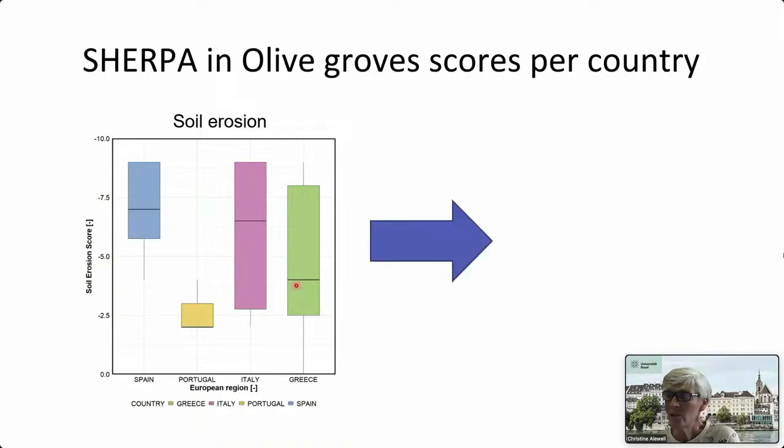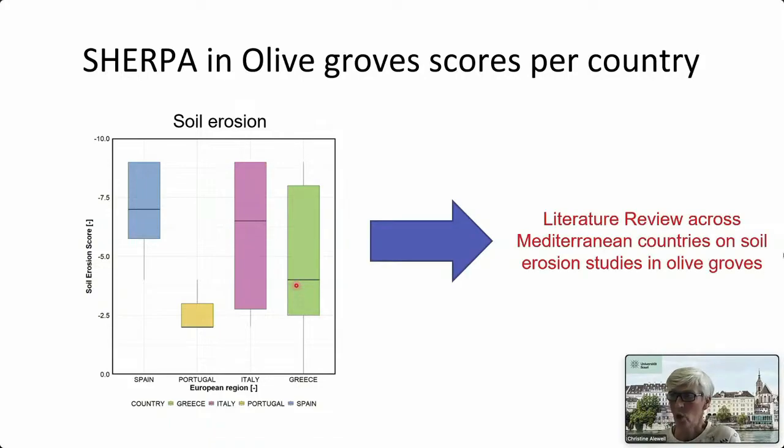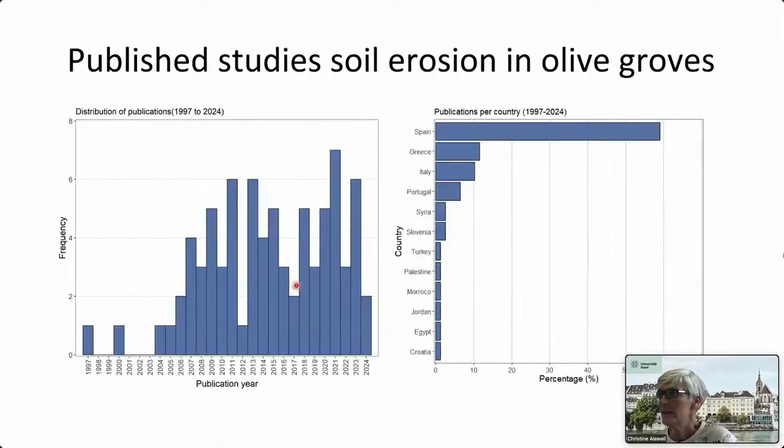The soil erosion, we looked a bit more in detail. Beyond the sites of the Soil Alive project, we did a literature review across the Mediterranean for these 4 countries. We evaluated around 80 studies.